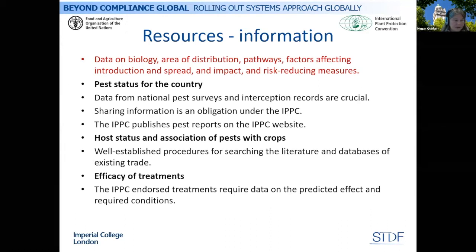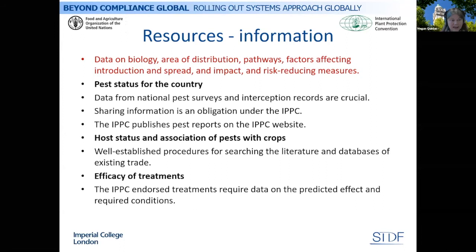Pest status for the country. You're supposed to have that up to date; the IPPC should have that information. And so if there's a regulated pest, there should be surveys, it should be reported to the IPPC, and that's published. So it's a source, but it's only as good as everyone contributing and putting things into the system.